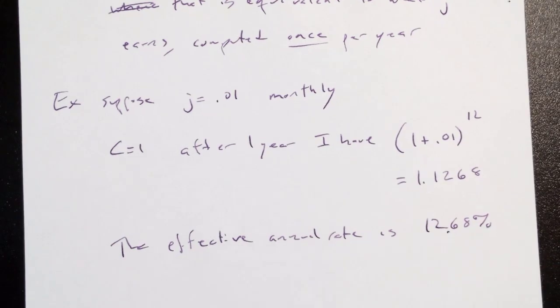Subtract the one off. Instead of using it as a growth factor, I use it as the actual rate. And then I see that this rate effectively is 12.68% a year. It is almost always more useful to compare a rate with an equivalent time period. By law, the Truth in Lending Act and Truth in Savings Act require us to be given annual effective rates.